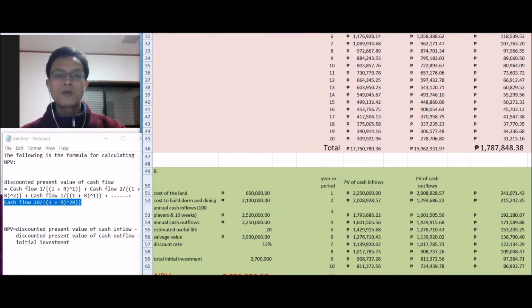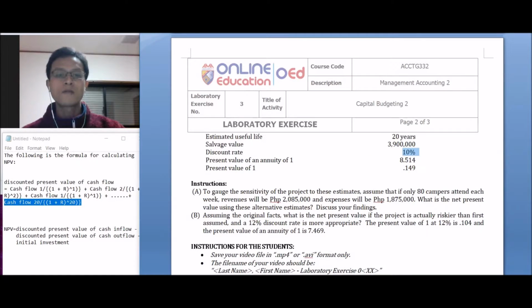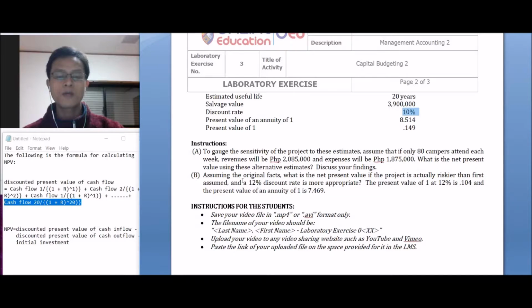Now let's go to the second question. The second question is, assuming the original facts, what is the net present value if the project is actually riskier than first assumed and a 12% discount rate is more appropriate?